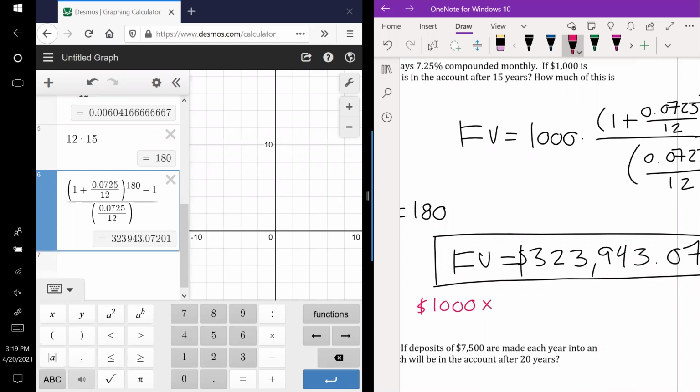So that means we put $1,000 in for 180 months. So if there was no interest, if we were just putting this into a bank account, we would have only made $180,000. Well, since we put it into an account that gains interest, to find the interest, we just take 323,000 and subtract it from 180, and that will give us our interest earned.